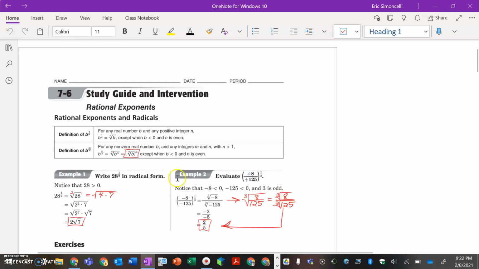So for example, it says write 28 to the 1/2 in radical form. First notice that 28 is greater than 0, so we'll be rewriting it as the square root, again the 2 in the denominator is the index we call it. So the square root of 28, the radicand, raised then to the first power, the numerator of the exponent.